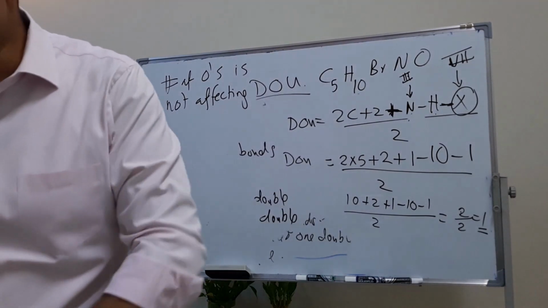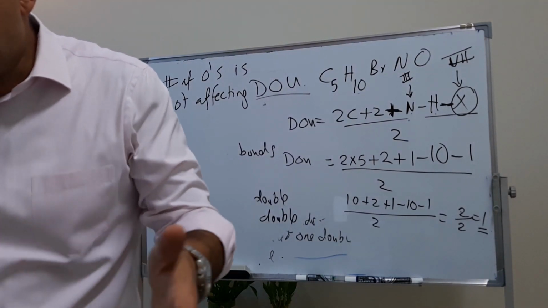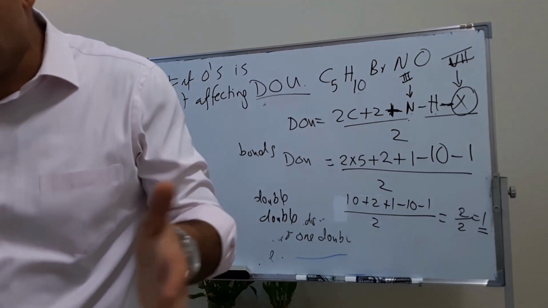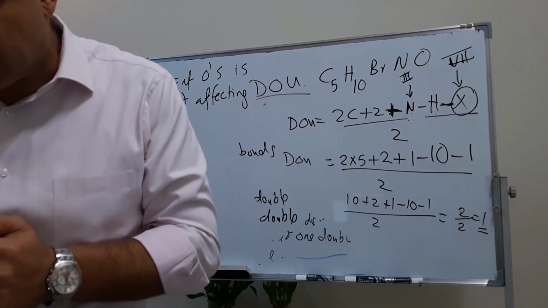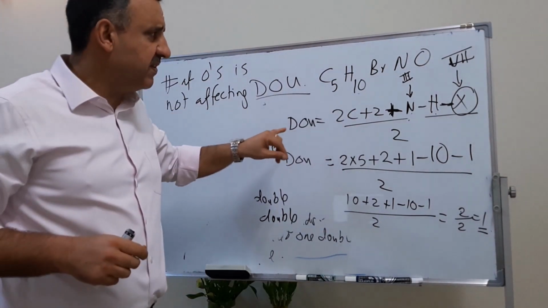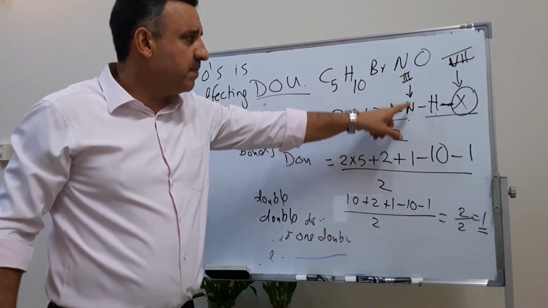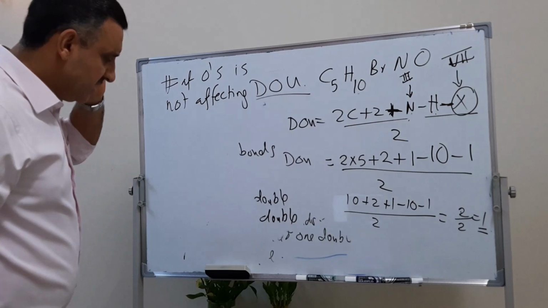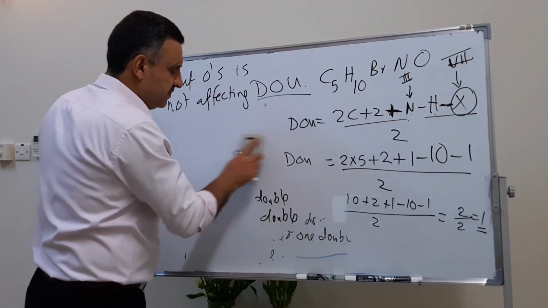Do you follow me? Simply, Rahma, because oxygen is divalent, it contains 2, so it will not affect the number of hydrogens. The only atoms affecting the degree of unsaturation are group number 3 and group number 7. Let me just give you another example.